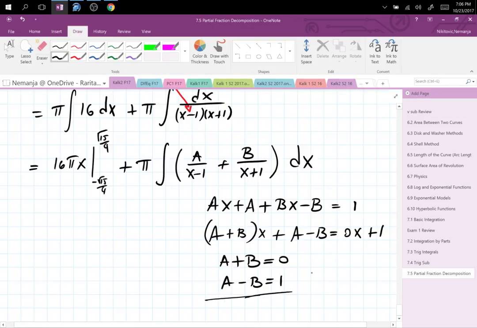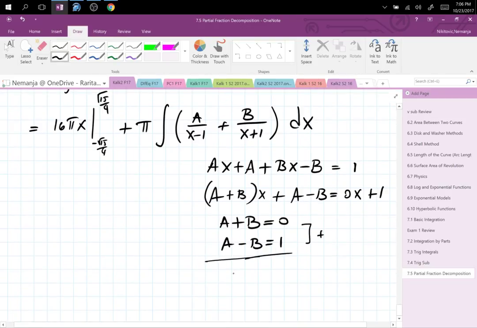When you add these two equations immediately, you get 2a is 1, as I said, a half, and the negative half because they have to add to 0.